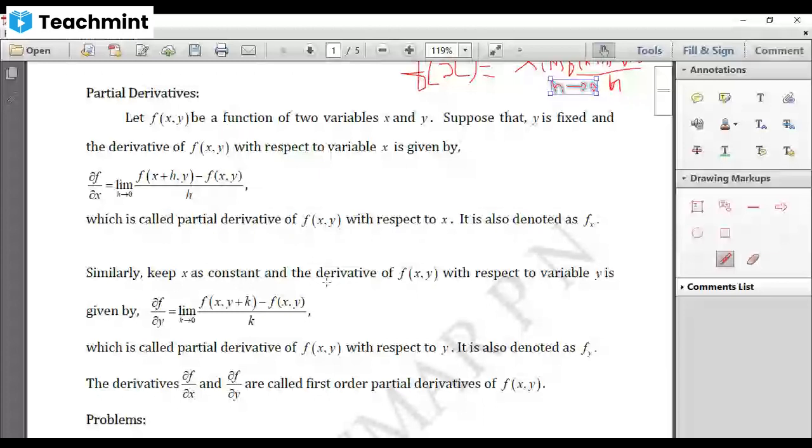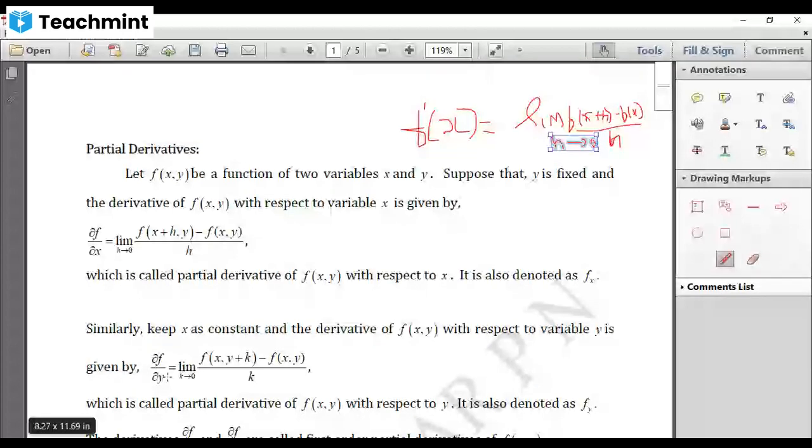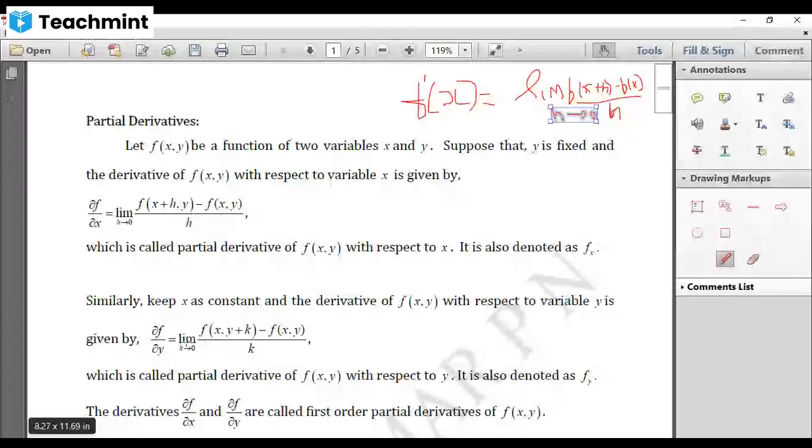Then the derivative of f(x, y) with respect to the variable y is given by the partial derivative of f with respect to y, that is ∂f/∂y. If it were a full derivative, I would have used d. d indicates a full derivative, but since I'm partially differentiating, I'm using ∂. ∂f/∂y is equal to the limit as k tends to 0, using a different notation, k; you can write h itself.